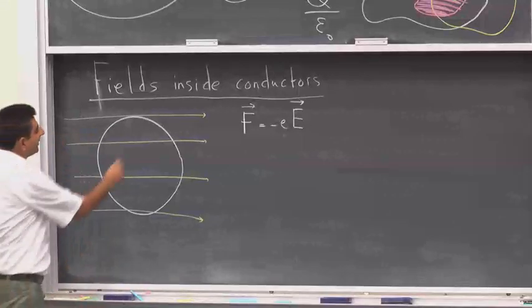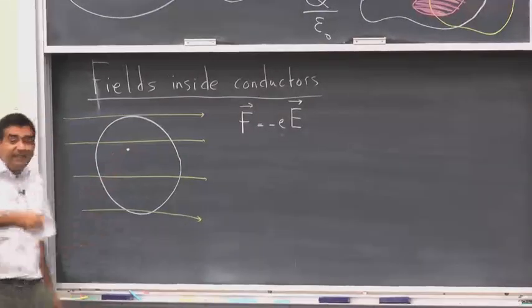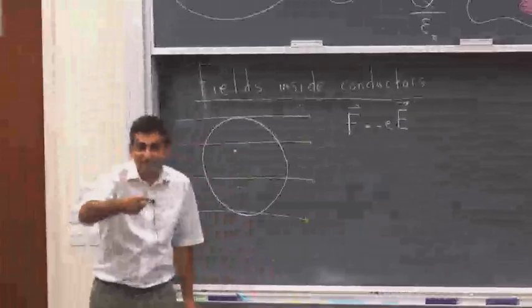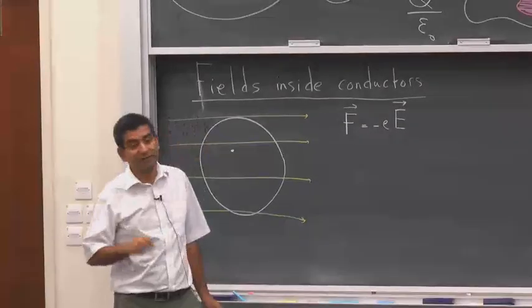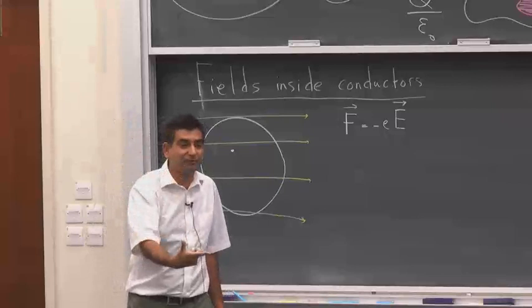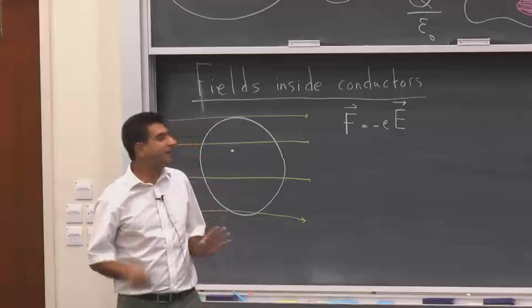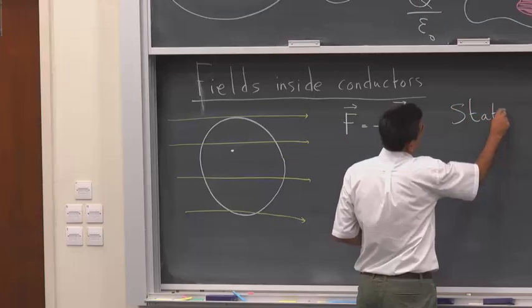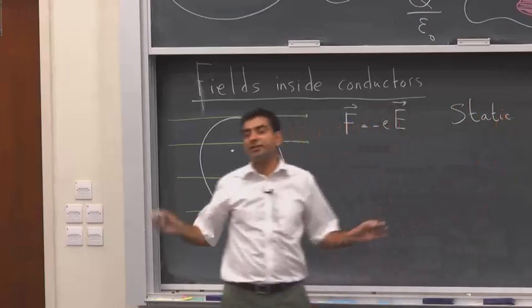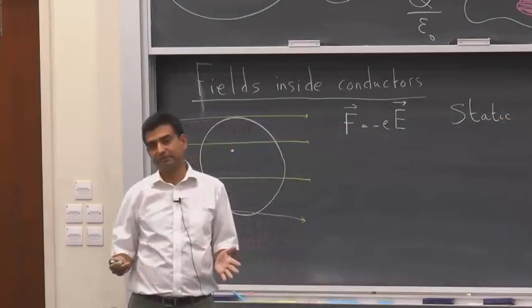So when a mobile electron sees a field, it experiences a force, and it's going to accelerate, it's going to move. But when we're dealing with static electricity, electrostatics in other words, there should be no motion of charges. We don't have any current.